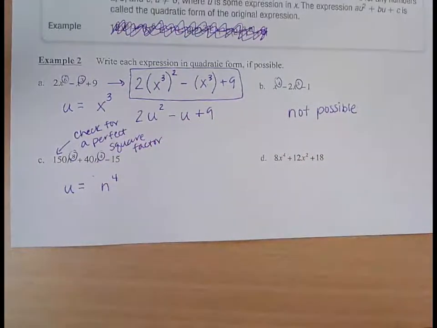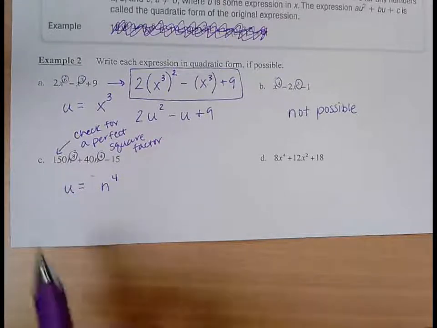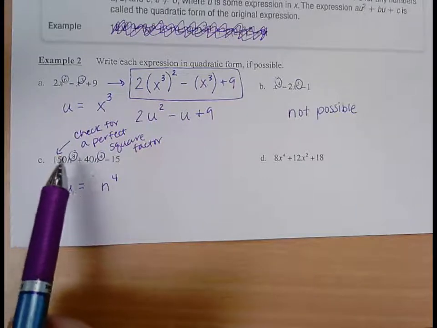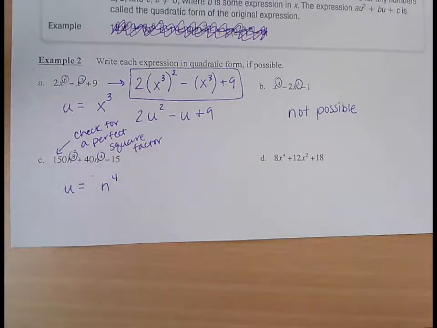So kind of like what we check for when we're simplifying square roots, is there a perfect square that goes into that number, is what you want to ask yourself. So looking at the number 150, is there a perfect square that goes into 150? Besides 1.